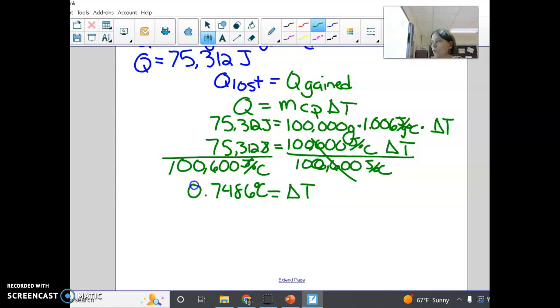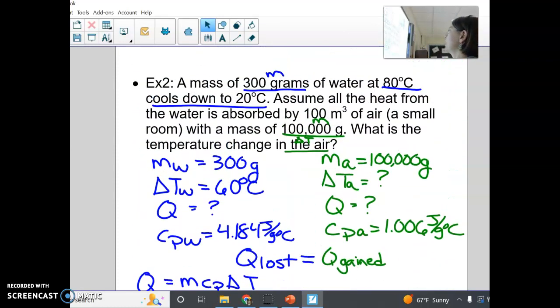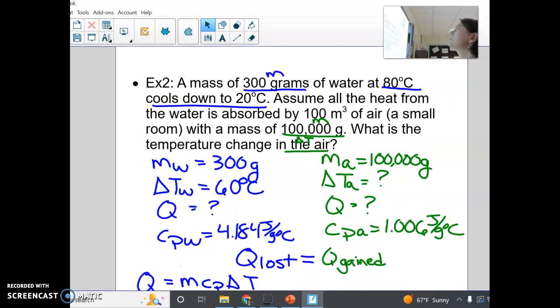All right, so let's see. Did we answer the question? All the way back up here. What is the temperature change in the air? Well, we got a temperature change. And again, I'm going to skip sig figs for a little bit, and I'm probably going to round it to the nearest hundredth.